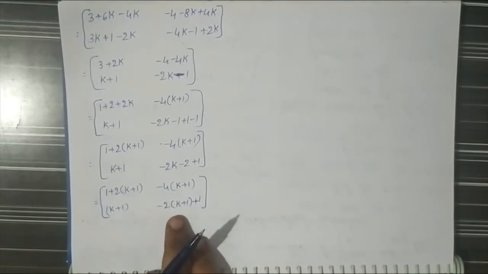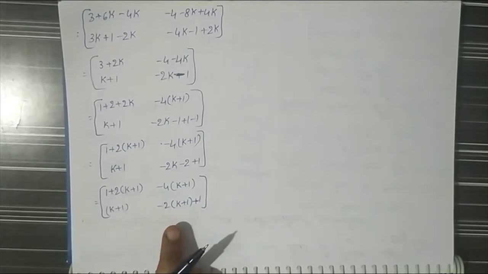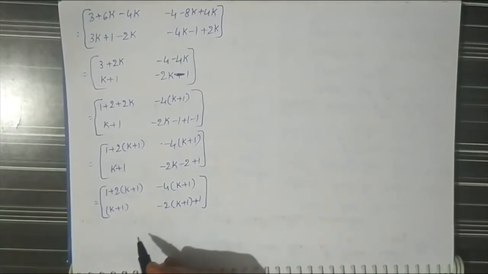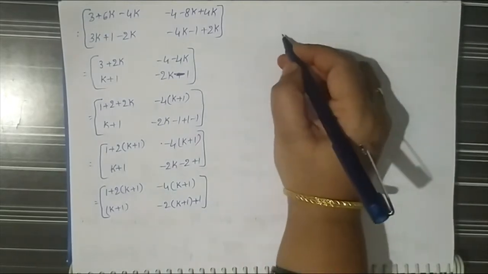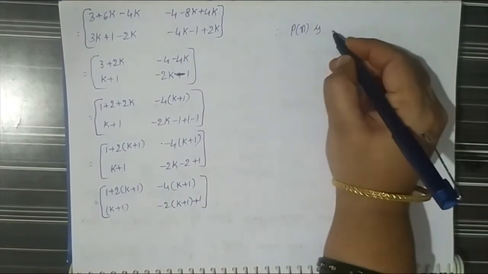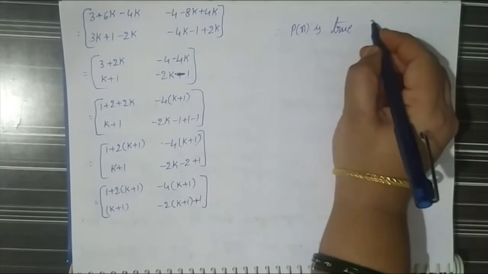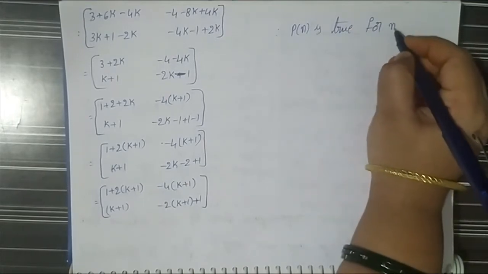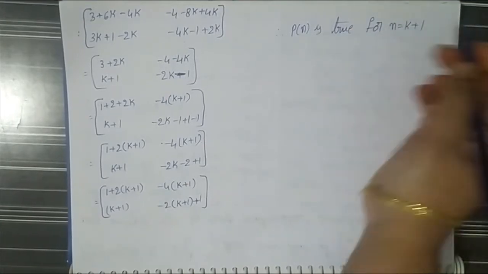By comparing this with P of n, we can easily see that if we substitute n equal to k plus 1, then this matrix is formed. Then we can write that P of n is true for n equal to k plus 1.